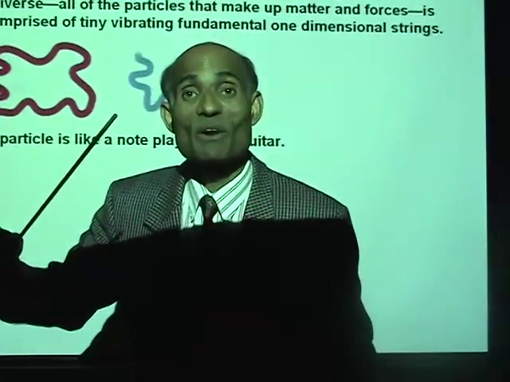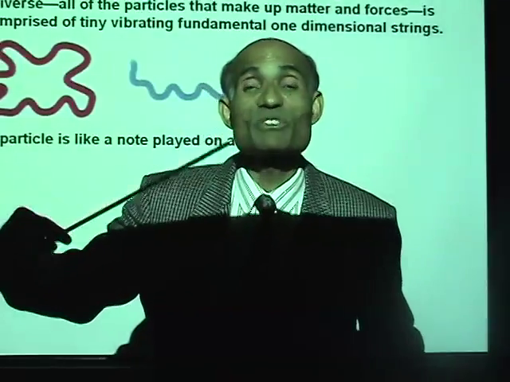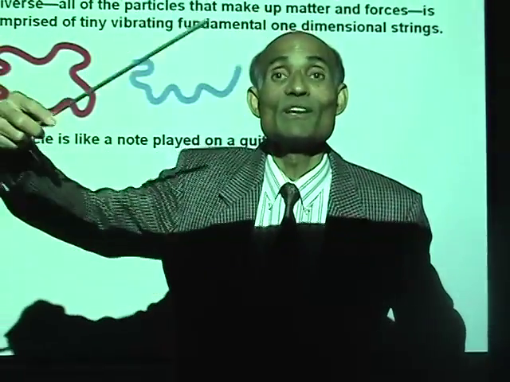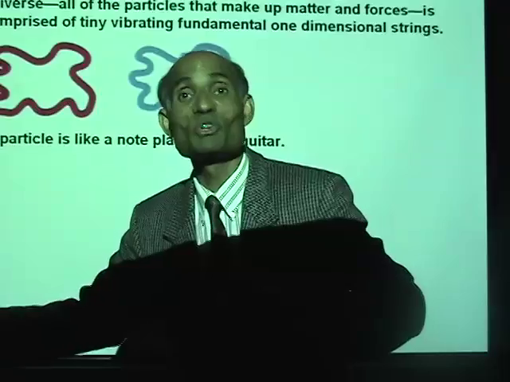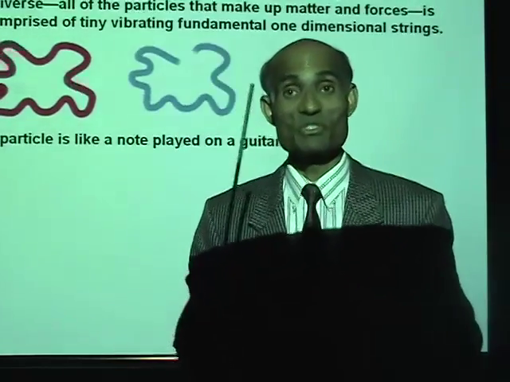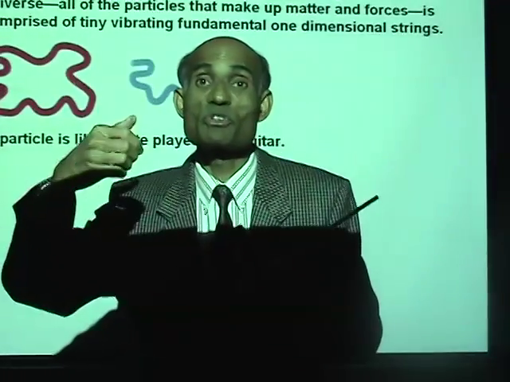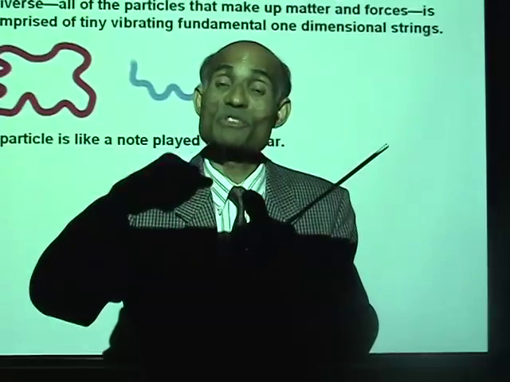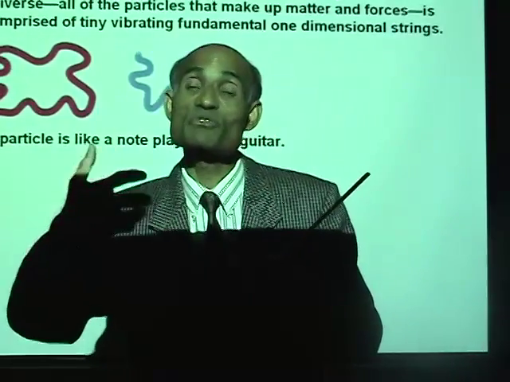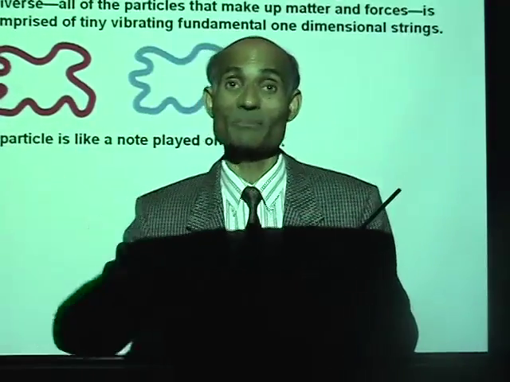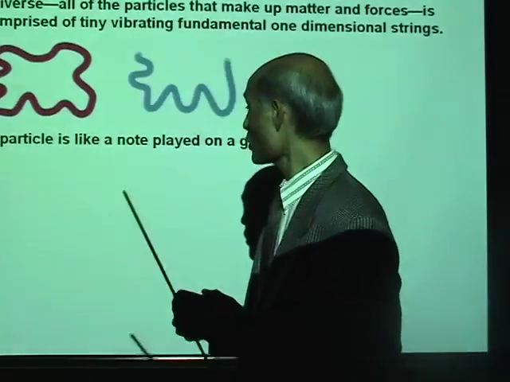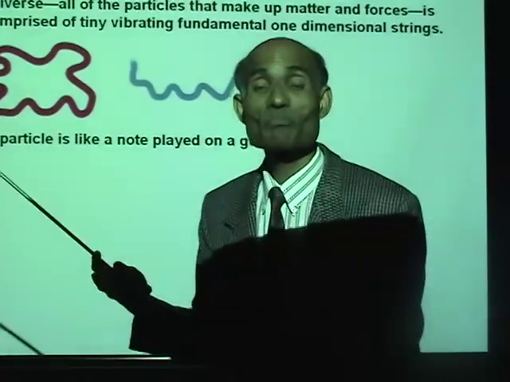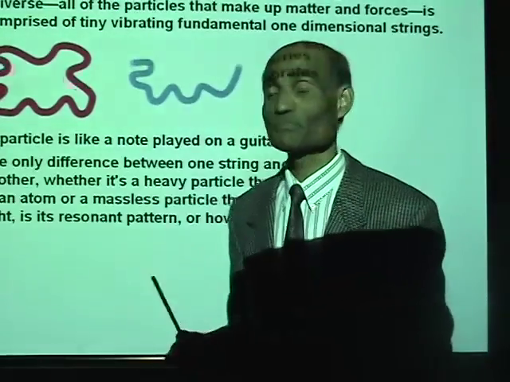You can make the fundamental string vibrate in different modes. It will then represent different particles. Just the same way, you can produce different notes from the same stretched string on a guitar. So, a particle is like a note played on a guitar.